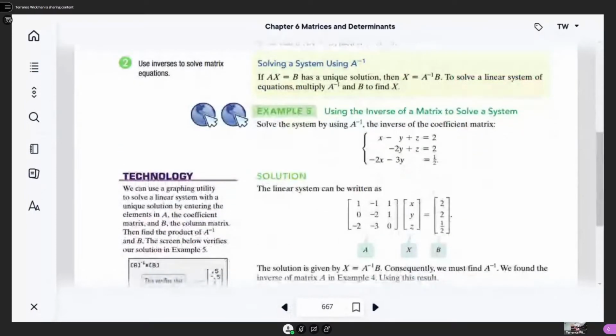Now, in order to solve this problem, this is 3 equations. And we want to know what solution, if any, are x, y, and z that would solve this equation.